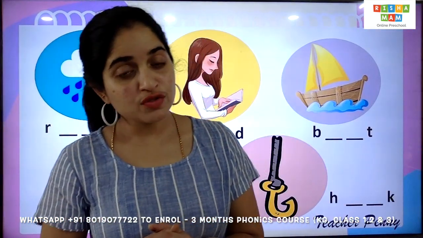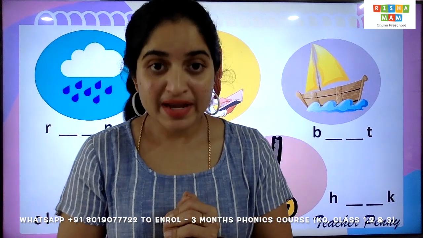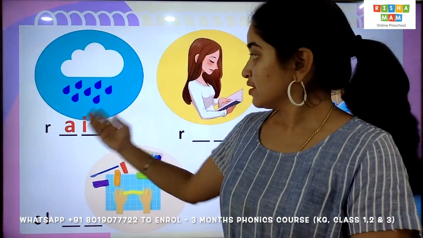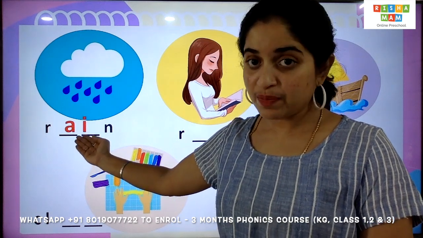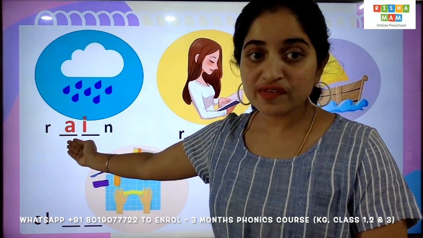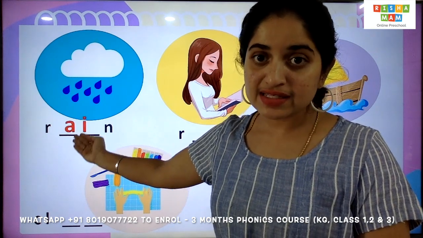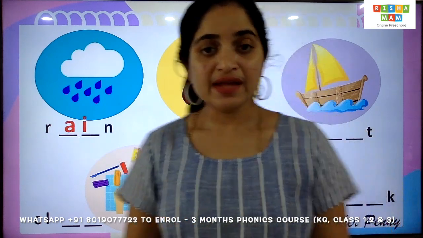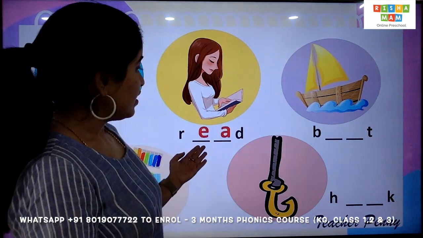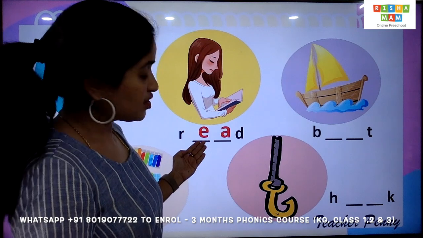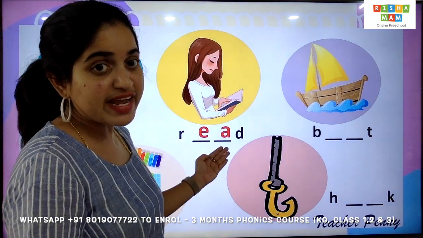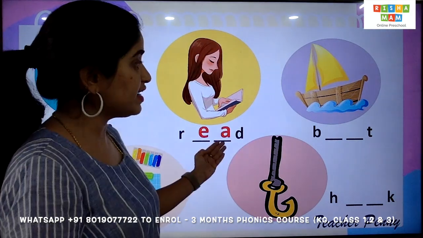Children, let's look into some examples of vowel pairs now. This is rain. AI is a vowel pair which makes the sound of the first letter, A, as in rain. And the next example we have EA, which makes the first letter name, E, as in read.